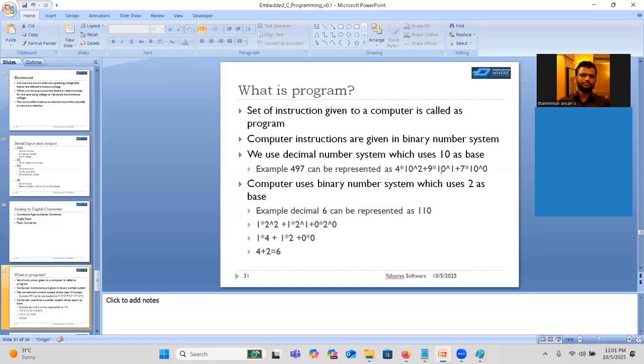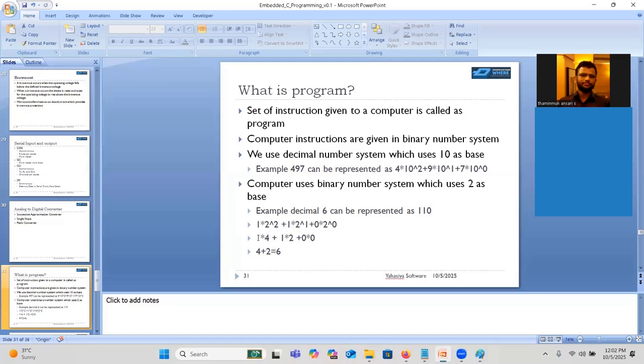But when it is in a computer, you have to convert that into binary. So for example, decimal 6 can be represented as 110. How does the computer understand it? By doing this calculation: 0 into 2 power 0, the second digit 1 into 2 power 1, and the third digit 1 into 2 power 2. 2 power 2 means 4, so 1 into 4 is 4, and 1 into 2 is 2, and 0.